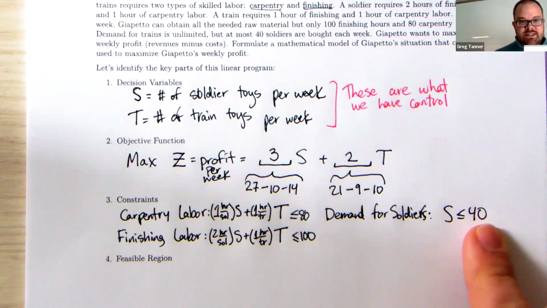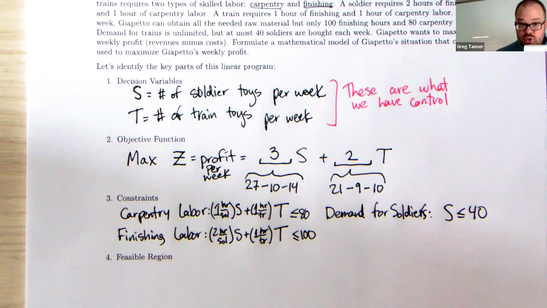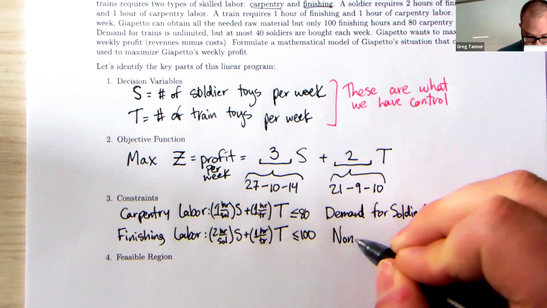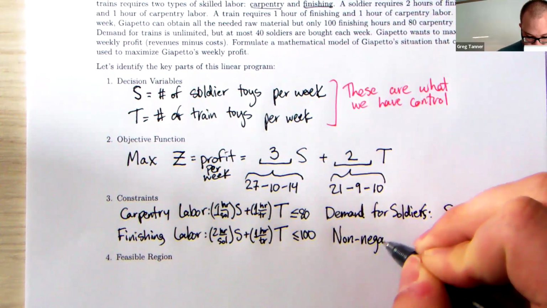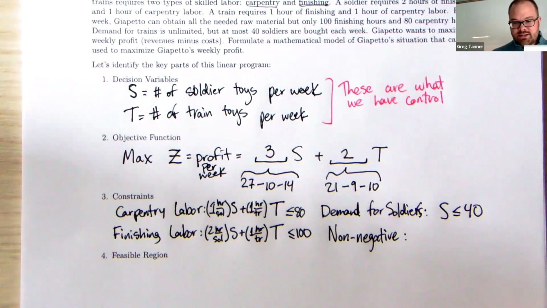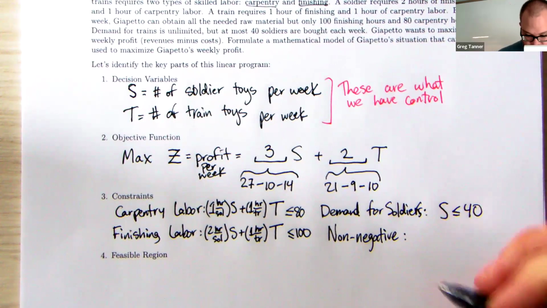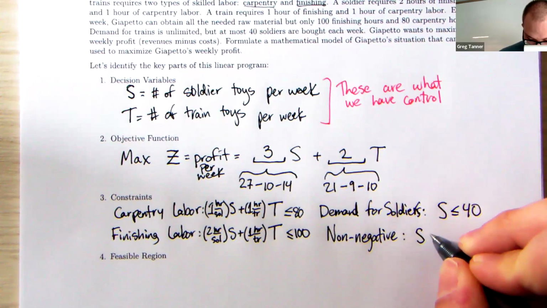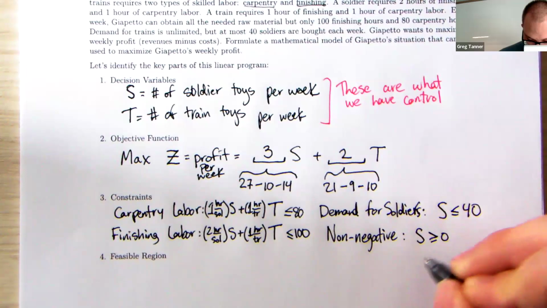The last constraint type is one that is usually part of a problem because usually our decision variables are positive quantities, or at least non-negative. And so our last set of constraints, and these are often implicitly assumed in most linear programs, is that you've got non-negativity constraints, which means that our number of soldiers per week should be greater than or equal to 0, and number of trains per week should be greater than or equal to 0.